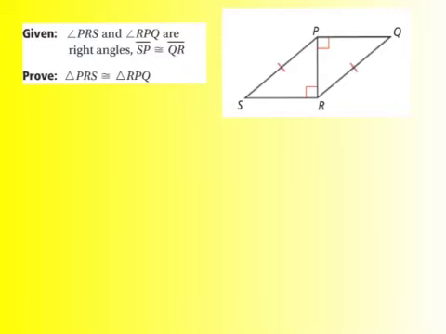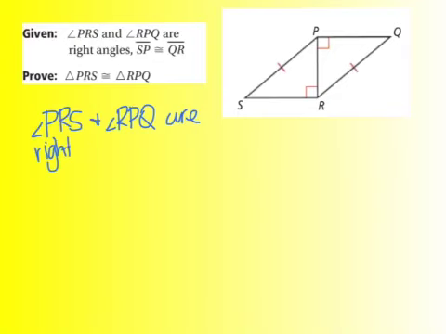So I'm going to start with my given, just like you should. Given angle PRS and angle RPQ are right angles, and segment SP is congruent to segment QR. And again, my reason for that is given.